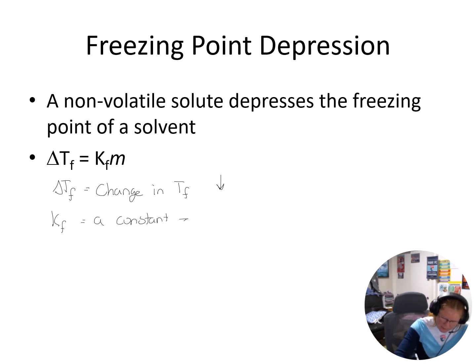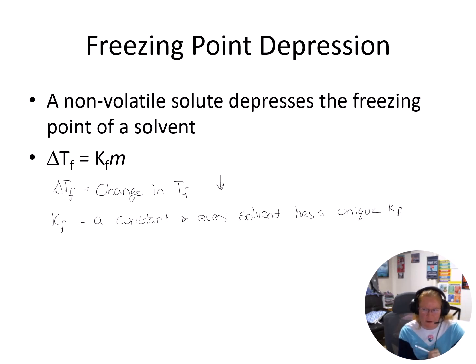Like K sub B, every solvent has a unique K sub F. And you don't have to memorize K sub B or K sub F. I will always give these to you if you need them, either on an equation sheet or in the problem itself. And then m is still the molality.